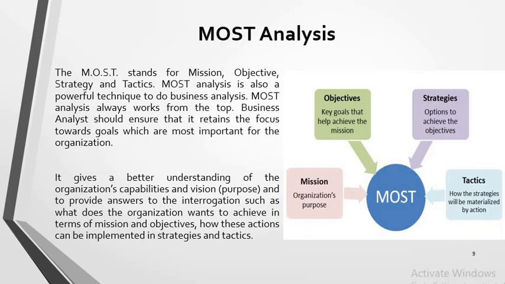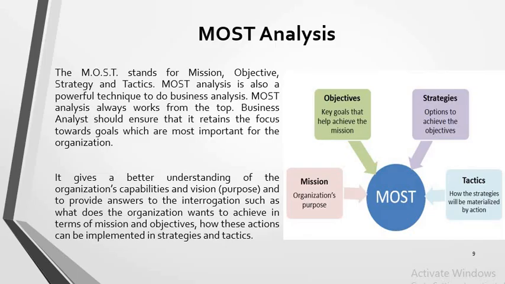Let's briefly see the MOST alphabets. M stands for mission, and mission is what is your organization's purpose, why you are into business, and what is the purpose behind. So first you make your purpose of being an entrepreneur, for being into a business.